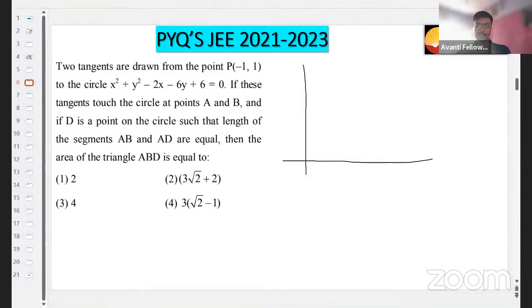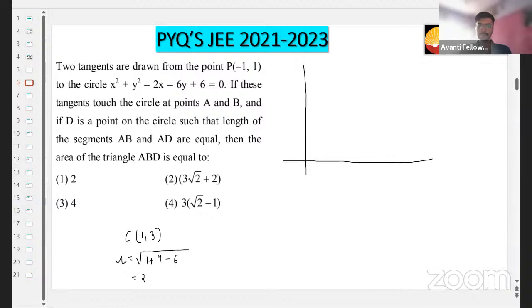Okay. And from point P, two tangents are drawn. What will be the center? Let's find the center of the circle. The center will be 1, comma 3. And radius will be under root of g square plus f square minus c, which is 2. Center will be 1, comma 2 and radius will be 2.